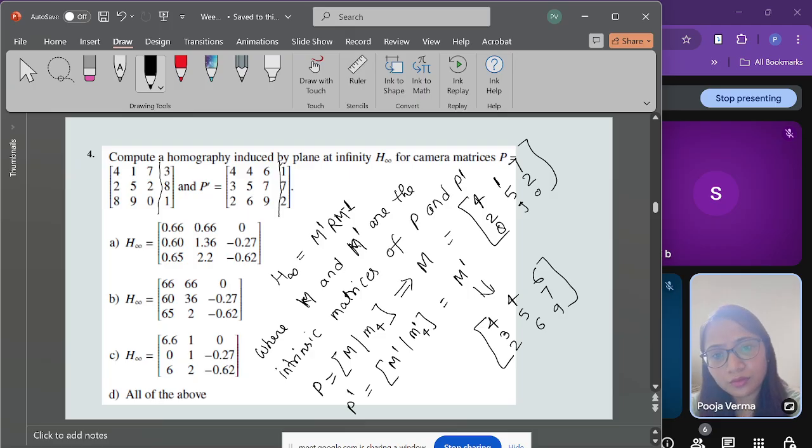How can we calculate M inverse? We already know it is 1 by determinant of M into adjoint of M. Can you calculate the determinant of M and let me know in the chat box?